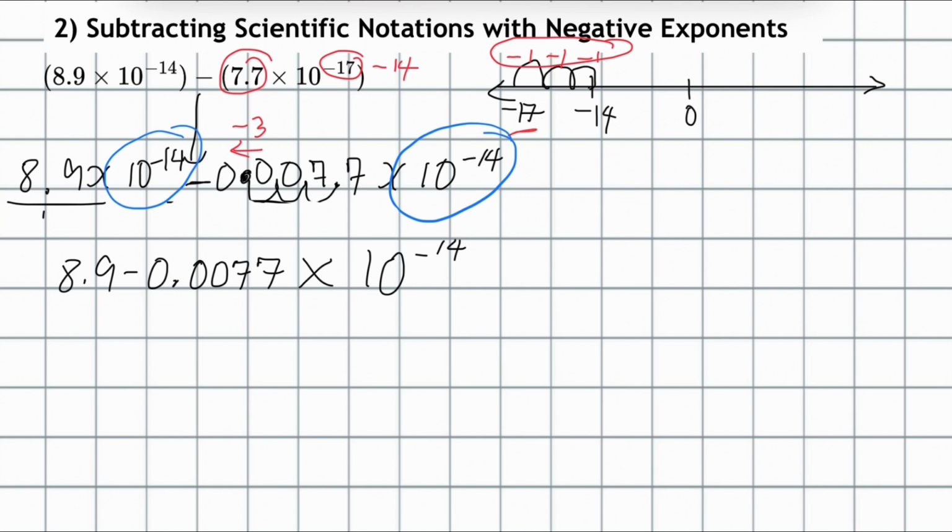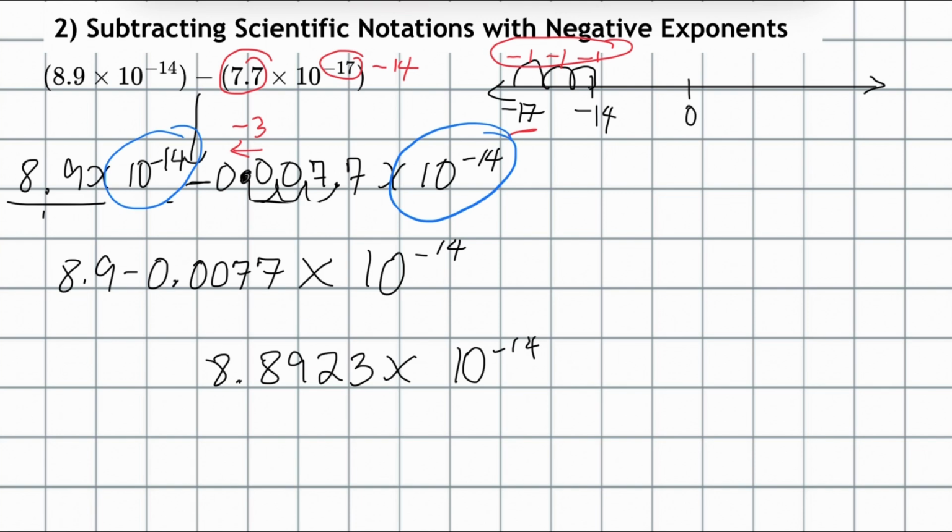Okay, now that we have that, we can subtract 8.9 minus 0.0077, and we're going to have a final answer of 8.8923 times 10 to the negative 14.